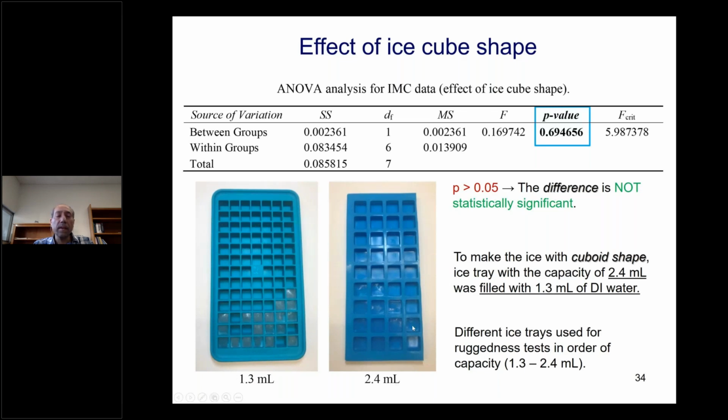As a result, the shape of the ice is not a cube. It is a cuboid shape, but we can see again it doesn't have a significant effect on the ice melting capacity of the deicers.